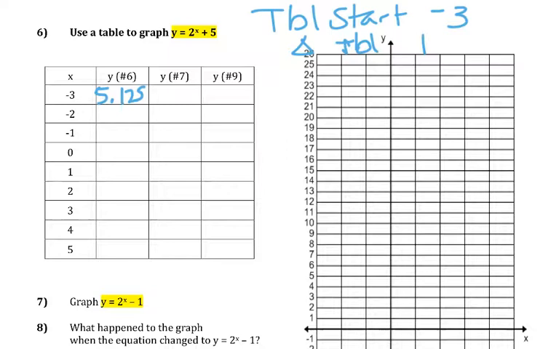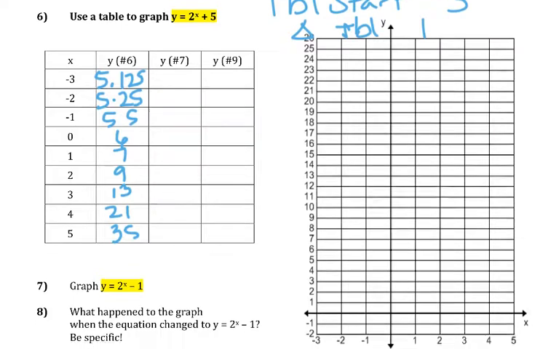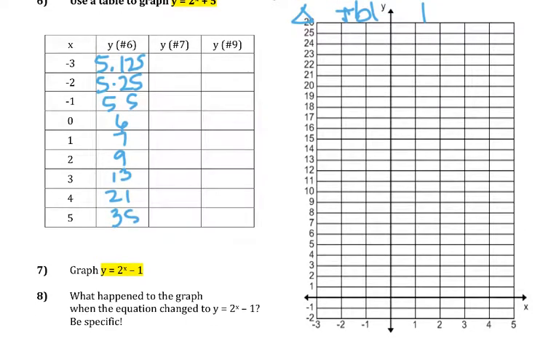So I'm going to get the 5.125, and then I'm going to get 5.25, and then 5.5, 6, 7, 9, 13, 21, and 37. And so I don't have any context, so I don't need to label my x and y axis, but at -3 I'm going to be at 5.125, and then 5.25, 5.5, and then 6 finally by the time I get to the y-axis.